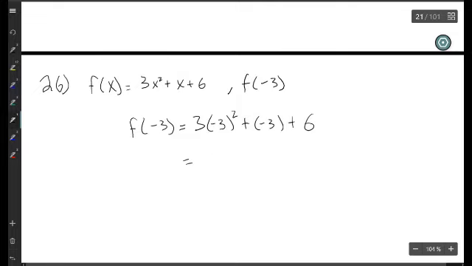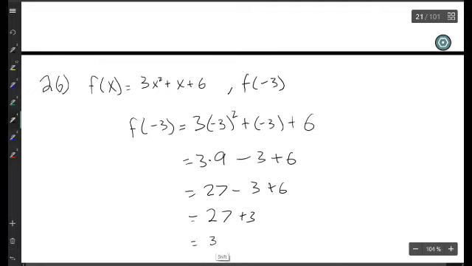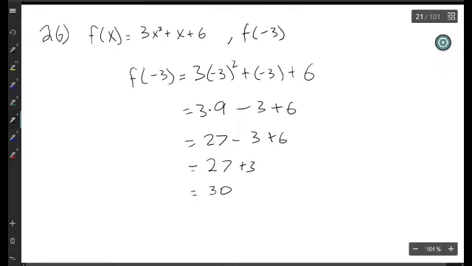So you plug in, and then 3 times 9 minus 3 plus 6, 27 minus 3 plus 6, and then negative 3 plus 6 is 3. So 30. And so we have f of negative 3 is equal to 30.